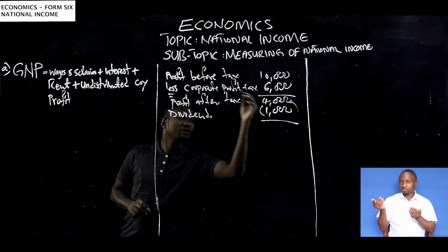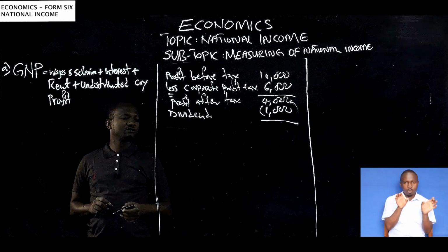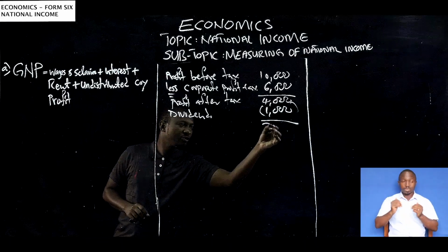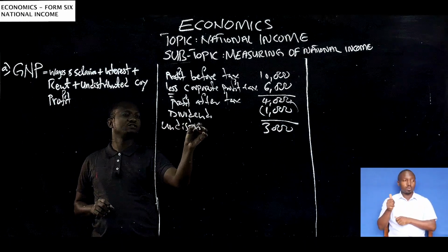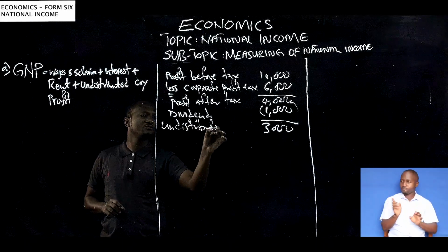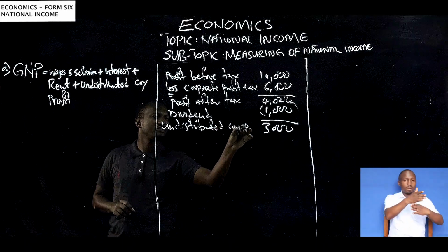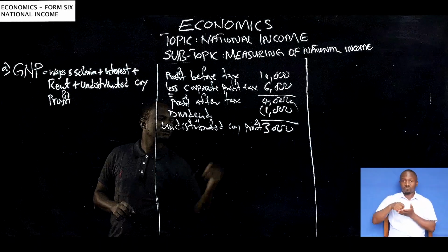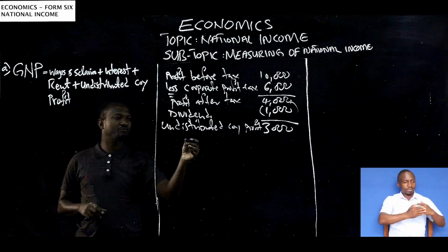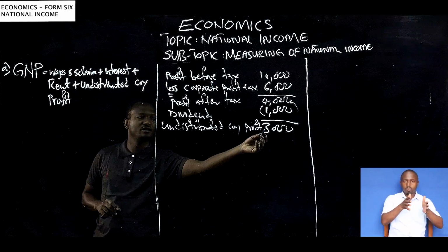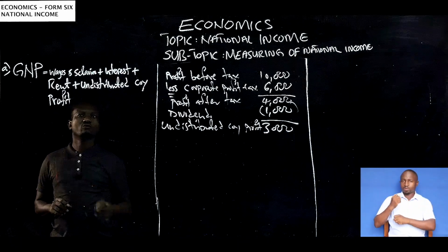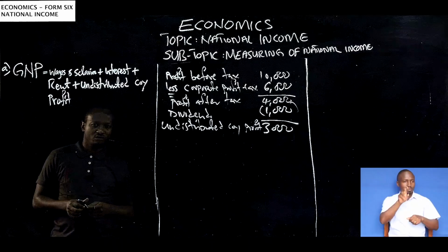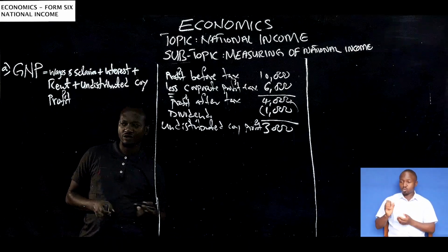After sharing that 1,000 with the shareholders, the remaining part of income is undistributed company profit. This profit is used to reinvest, to expand the business, and is not shared. So it's income of the company. So we have to add it when we find national income by using the income method.